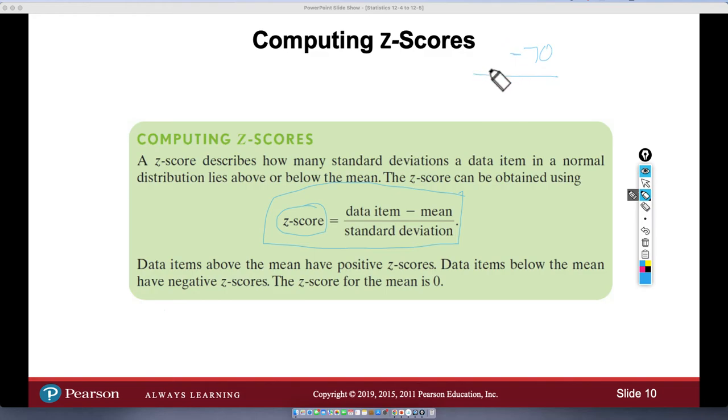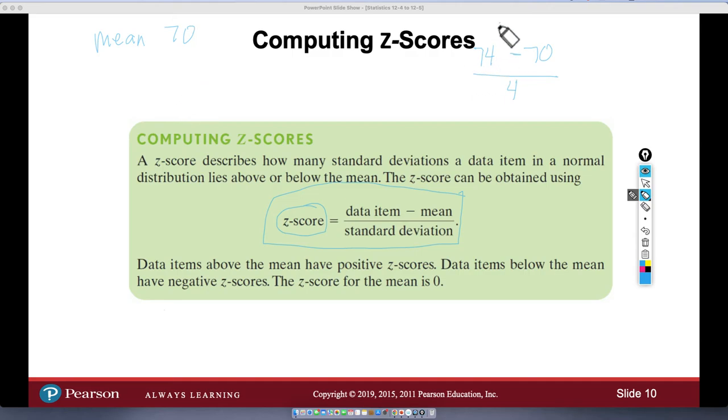Let's say you wanted to know what percent of people are taller than 74 inches. We'd enter 74, subtract the mean, and then divide by the standard deviation. The mean was 70 from the previous example they gave us. The 74 is a random number I pulled out.